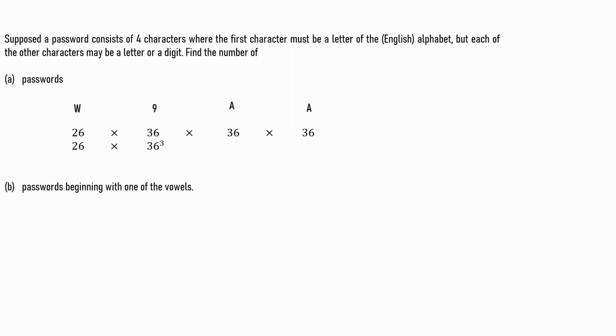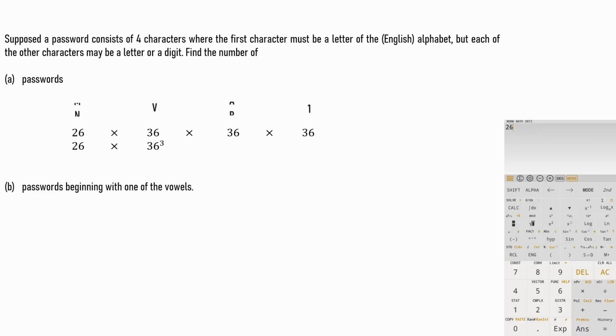So therefore, number of passwords ay 26 times 36 cube, or 1,213,056 passwords yung pwedeng mabuo. 4 na characters, yung una ay letter, tapos yung second, third, and fourth ay pwedeng character na letter or digit.